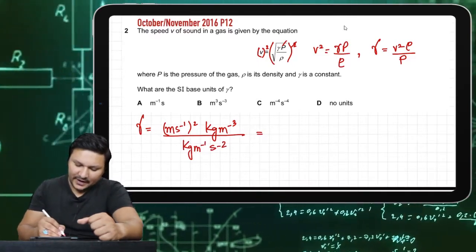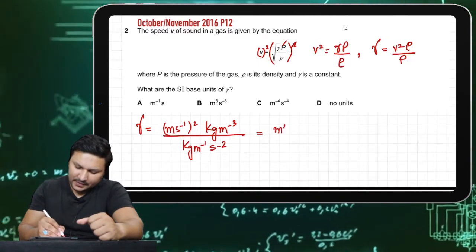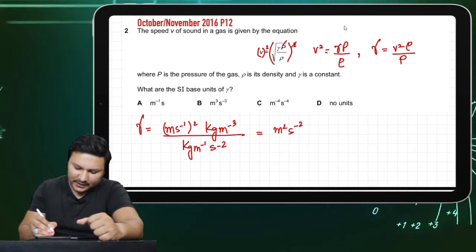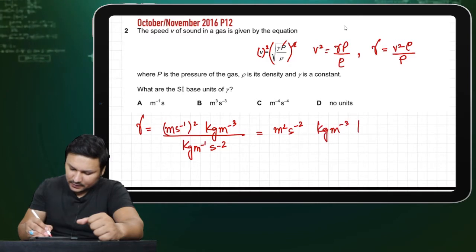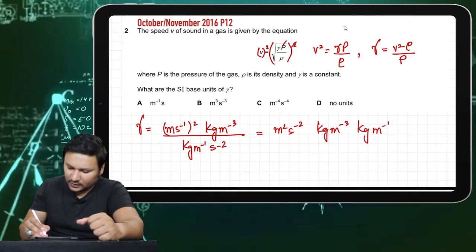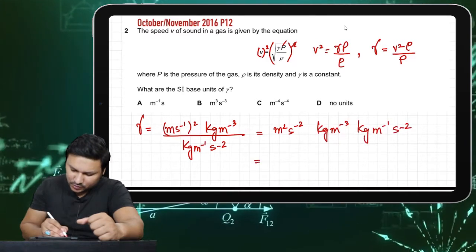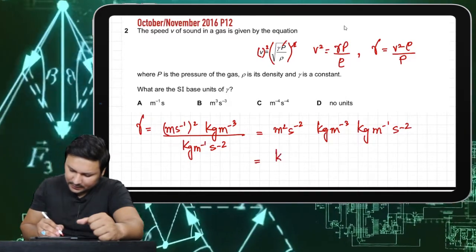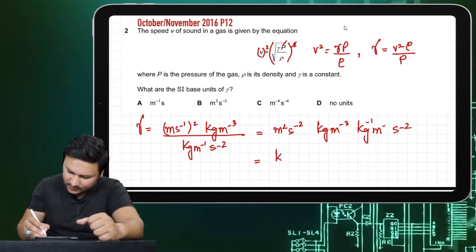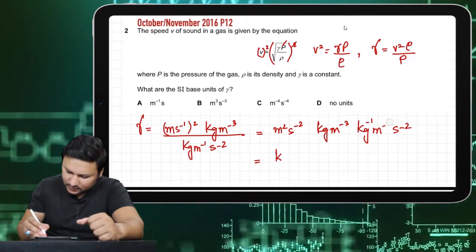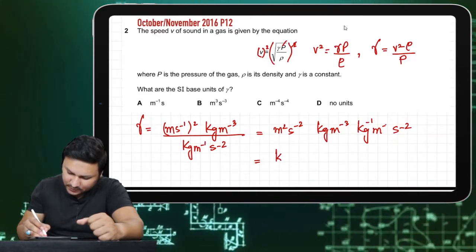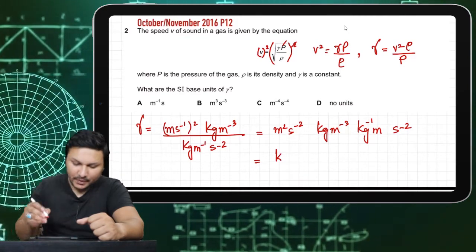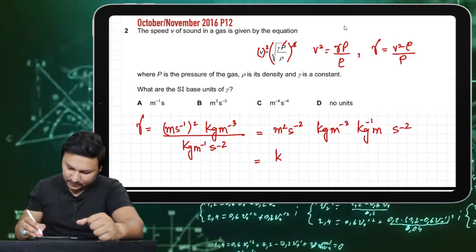So in that way, it will be m square s minus 2, kg m minus 3, over kg m minus 1 s minus 2. So kg m minus 1, when it comes from denominator to numerator, it becomes the power inverse.